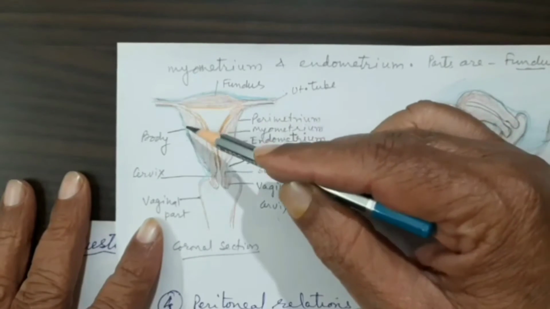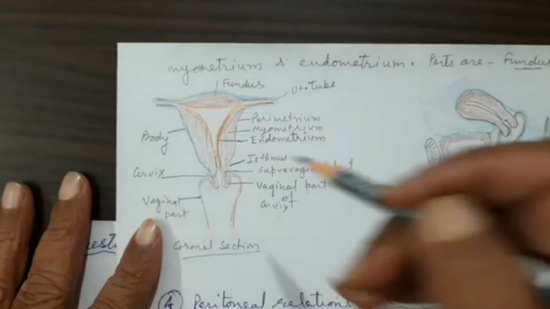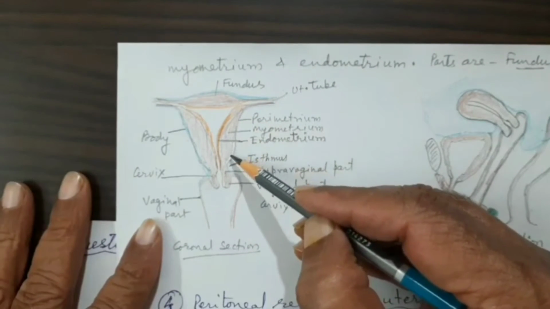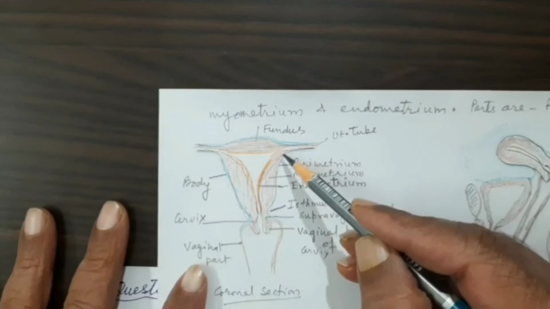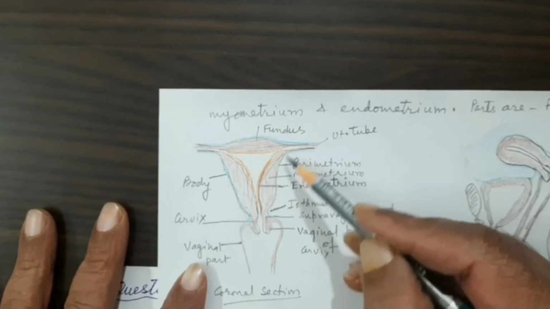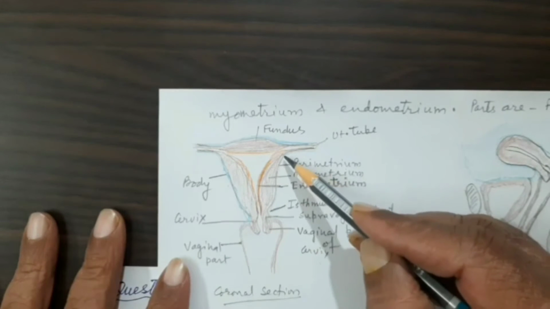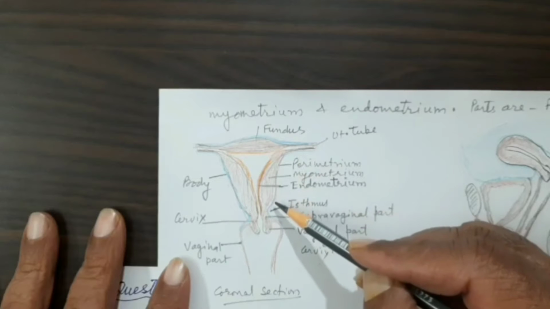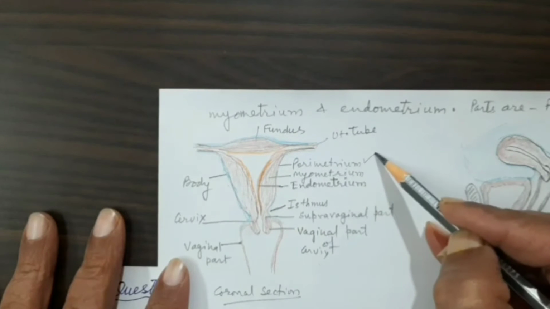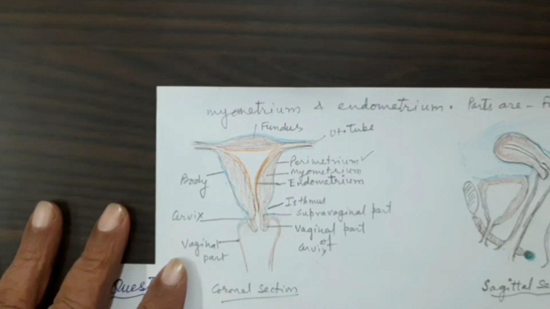The outermost is a peritoneal covering, and this peritoneal covering is called the perimetrium. Can you see here? This is that perimetrium. It is nothing but the peritoneum lining the surface of the uterus, and this perimetrium is quite thin. So the outermost layer is the perimetrium, which is nothing but the peritoneal covering.